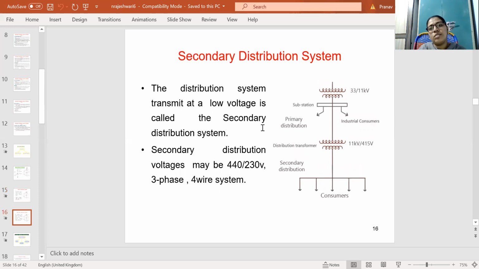Coming to the secondary distribution system, the distribution system that transmits at a low voltage is called the secondary distribution system. This is the distribution transformer. This is secondary distribution. Again, 11 kV is stepped down to 415 volts, and these low voltages are called the secondary distribution system. The secondary distribution voltages may be 440 or 230 volts, three-phase four-wire systems.